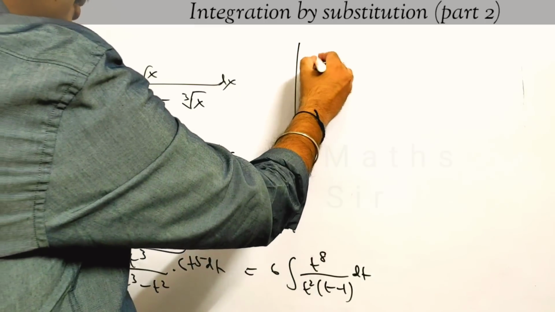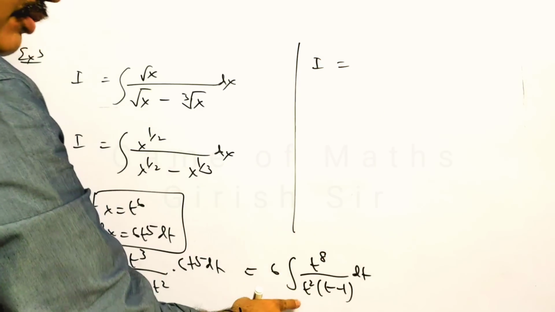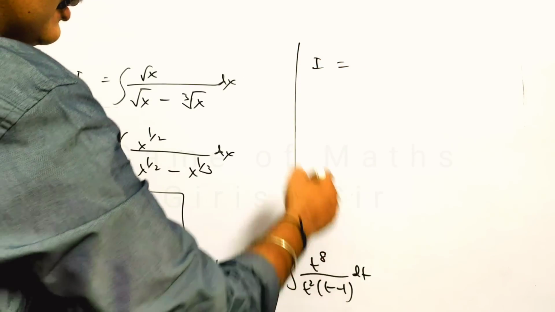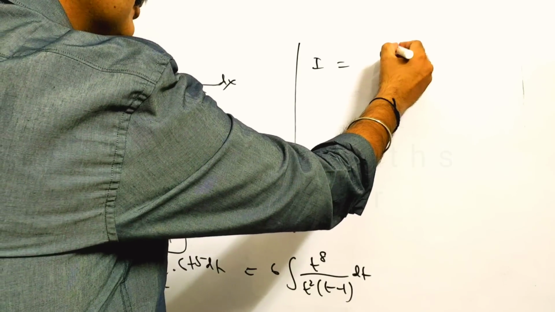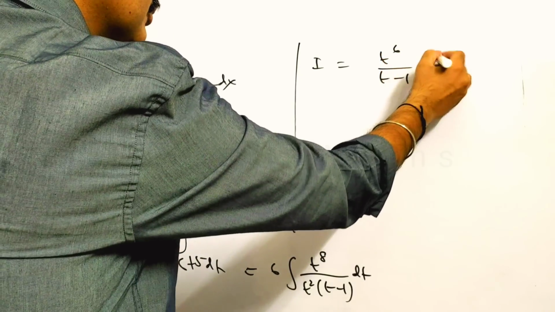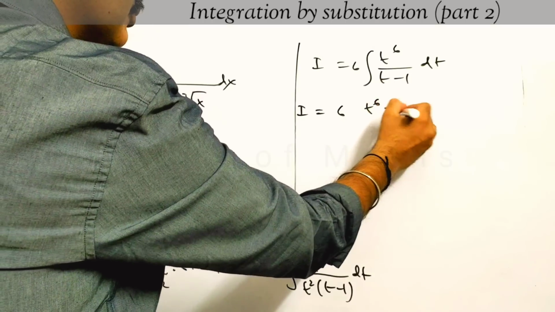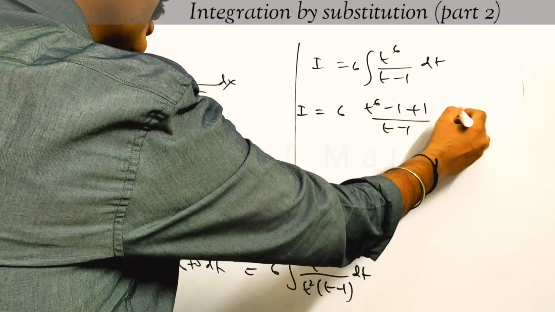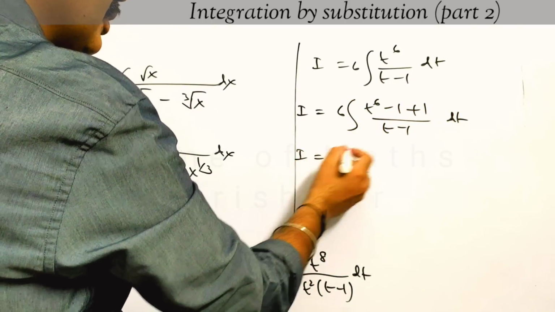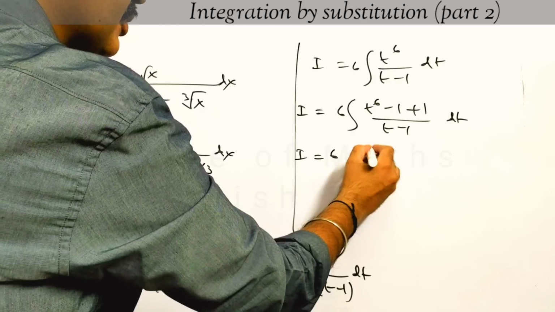and right here t square being common factor, we can cancel it out. I'll write like this. I'll split the integral into two parts.